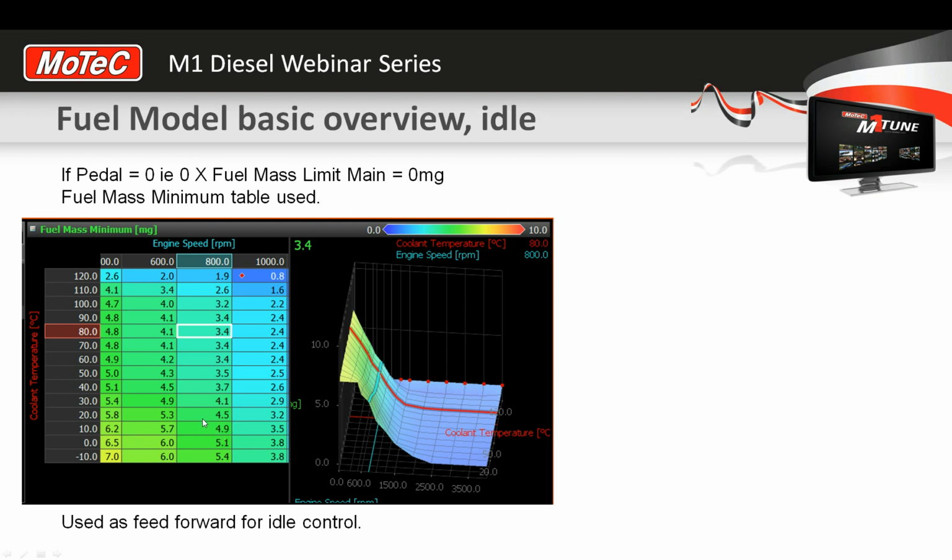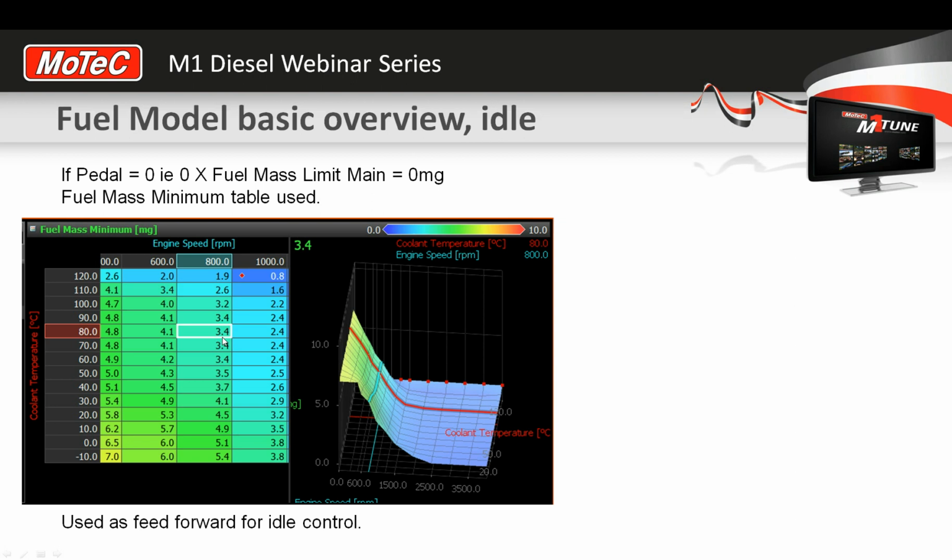This is the part the actual idle control system uses, and you can think of it as the feed forward for the idle. So when the engine comes back down to 800 RPM at a hot idle, the idle control system uses 3.4 milligrams as the starting point, and then closed loop adds or subtracts fuel from that point. If you know much about idle control systems and PID, it will use integral.